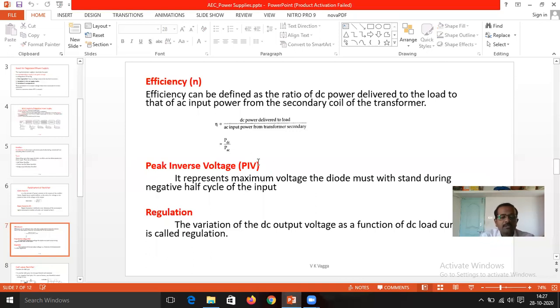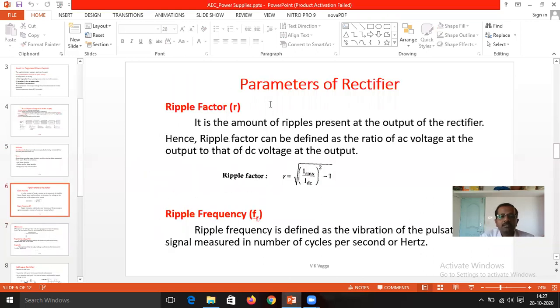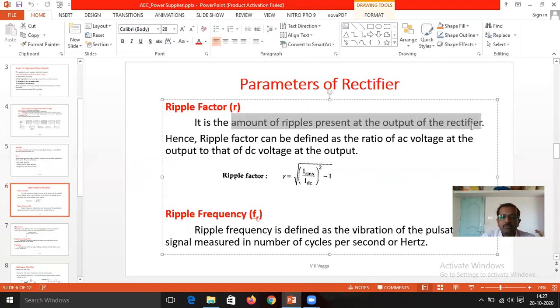So the definition of the ripple factor is the amount of the ripples present at the output of the rectifier. That itself is called the ripple factor.